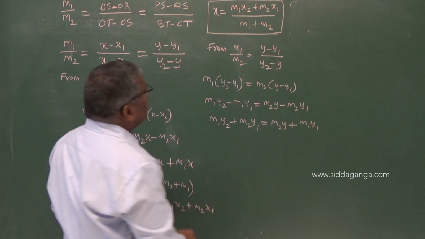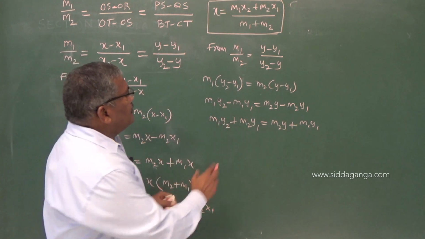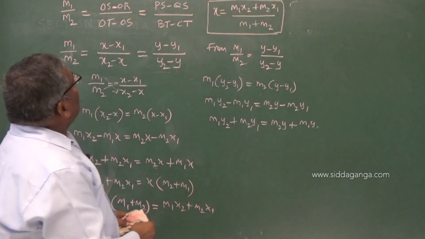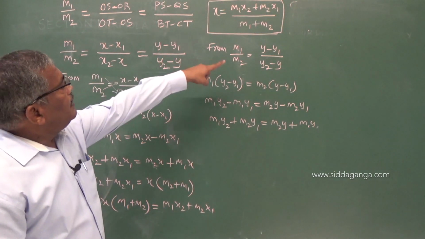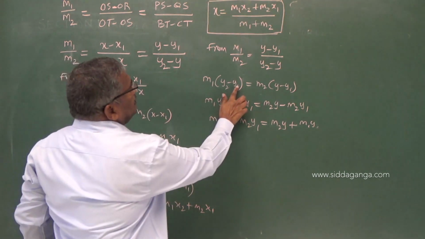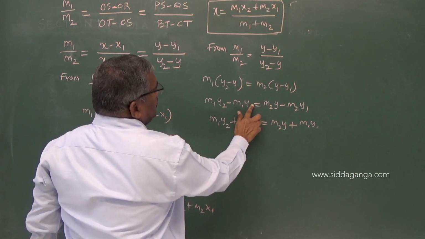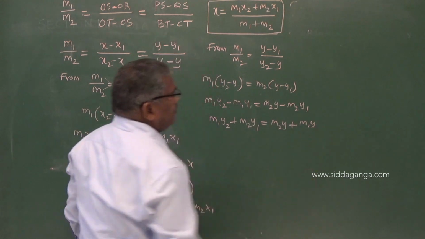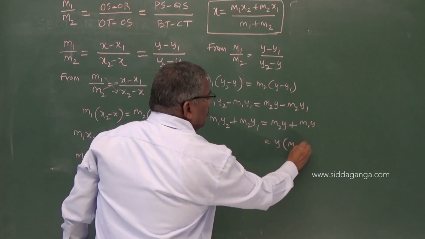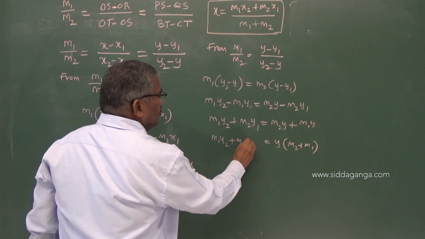So now take common factor here, y into (M2 plus M1), and this is M1 y2 plus M2 y1.